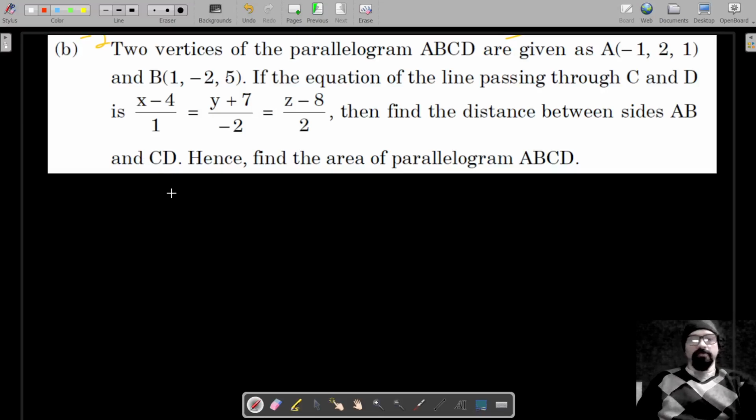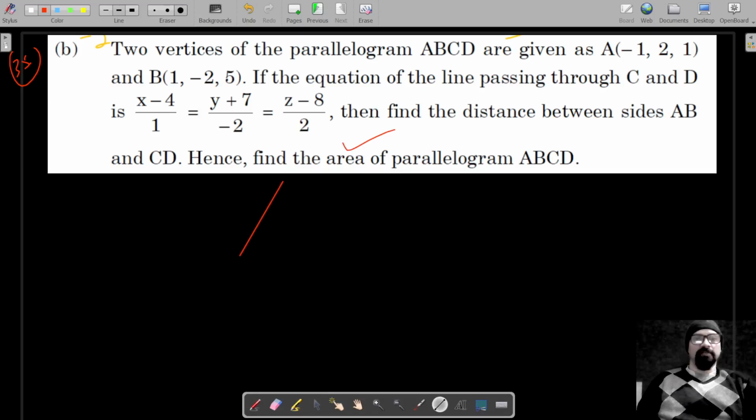Okay, for question number 35, part B, we have two vertices of the parallelogram ABCD given as A and B, and the equation of the line through C and D is also given. We have to find the distance between the sides AB and CD, and hence use that to find the area of the parallelogram ABCD.